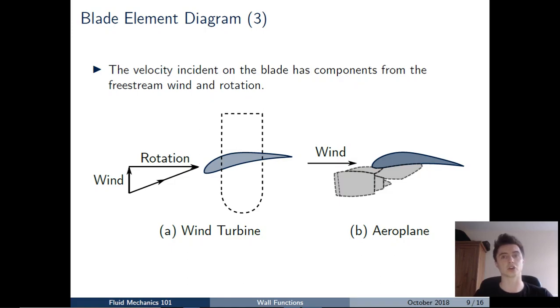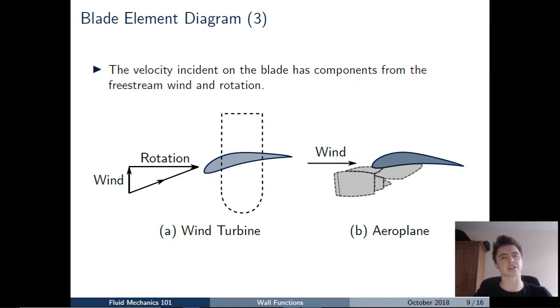Now if we contrast that with the velocity experienced by an aeroplane wing, we remember that of course the aeroplane wing doesn't rotate, and we only have that single velocity component from the wind incident on the aeroplane wing. So straight away we can see that the flow over the aerofoil is slightly more complicated for the wind turbine blade than for the wing, particularly as that rotational velocity component is actually going to vary along the blade.